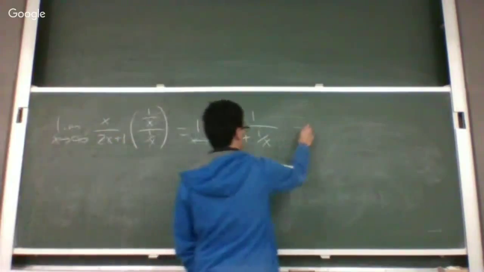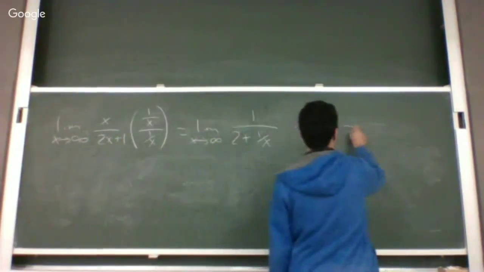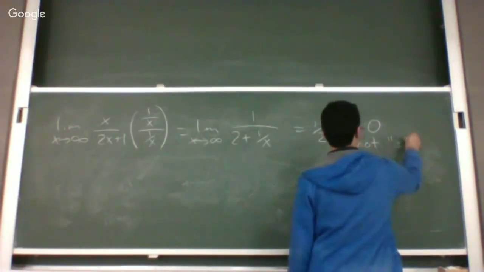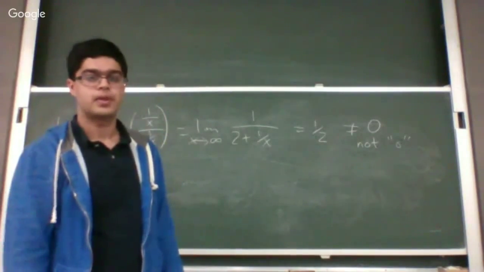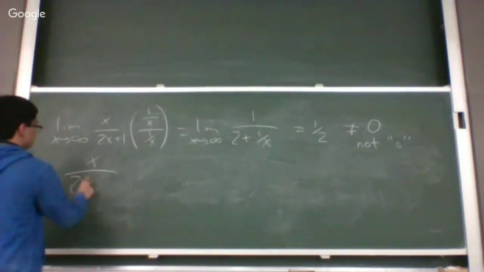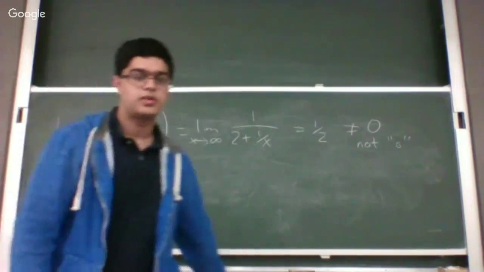This equals 1/2. So we know it's not equal to 0, so not little o. And then you do x over 2x plus 1. You break it into 2 parts, yes or no?